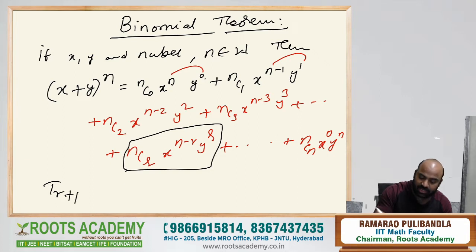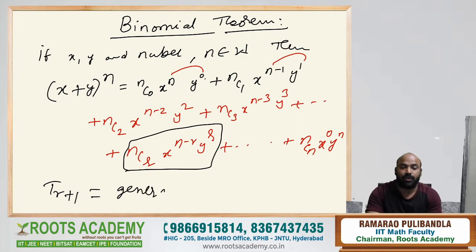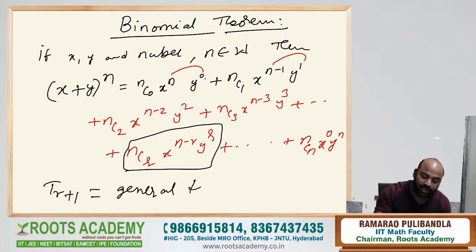Its value is given as nCr into x^(n minus r) into y^r. Look carefully. This is called the first term, t1, when r is 0. When r is 1, it is the second term.